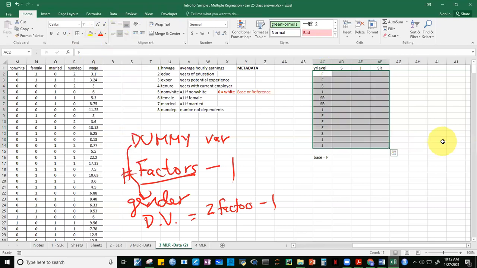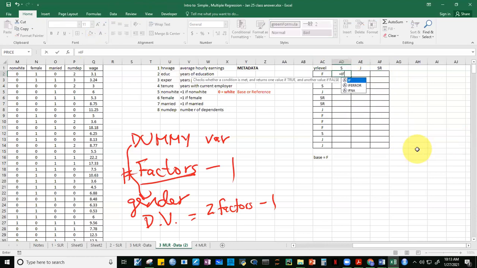So, sige, let's do this. Sabi natin, pag sophomore siya, 1 siya. Otherwise, magsi-0 dito yan. Pag J siya, 1 siya dito. Pag SR, guys, senior, 1 siya dito. Okay, sige, tingnan natin ha. Si Frosh, guys. So, if this is equal to, now we have to fix this.